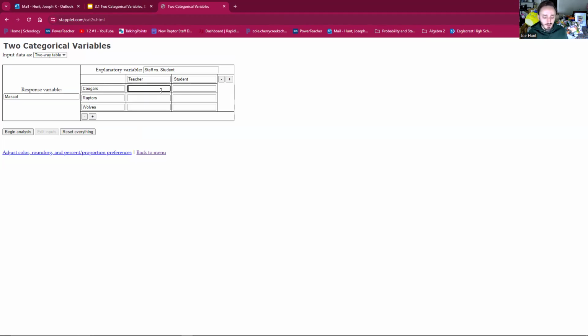If 80% of teachers voted for Cougars, then that would mean 80% of 100 voted for that. So that would be 80 teachers voting for that response. And then if I've got 10% and 10% for teachers and Raptors and Wolves respectively, that would mean there was 10 votes and 10 votes there. So just to keep it simple, I'm assuming that there were 100 teachers and 100 students in the sample. We're actually going to see later in this activity that that's not quite the case. But for the moment, we're going to operate under this assumption.